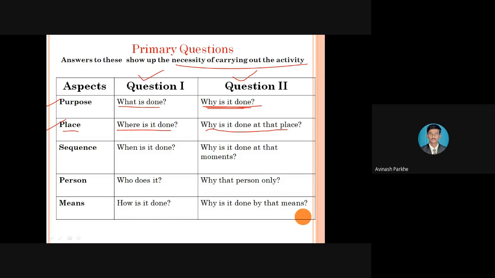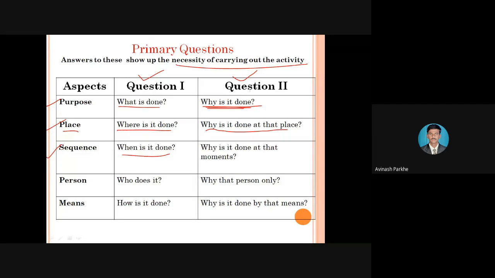So that question is also asked during the critical examination. Then the next aspect is sequence, when is it done. Sequence means when is it done, at what time: whether I have to do the modification today, or tomorrow or the day after tomorrow. So such types of questions will be asked like that, when is it done.